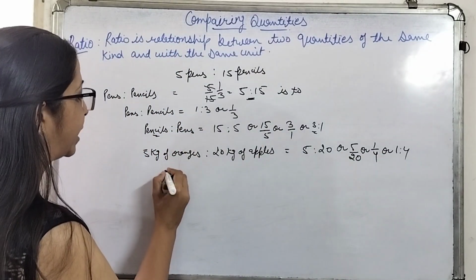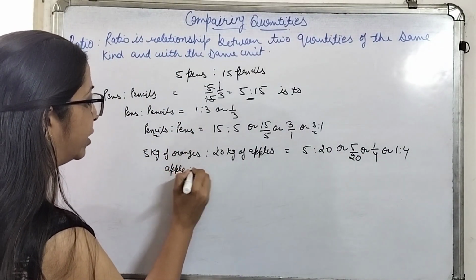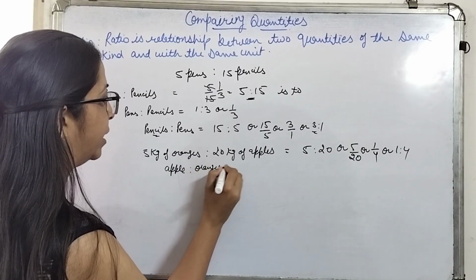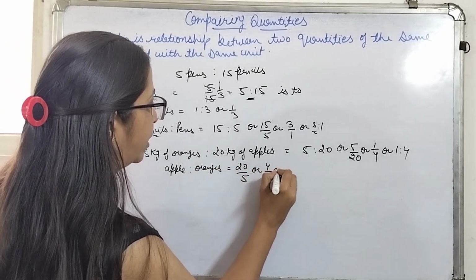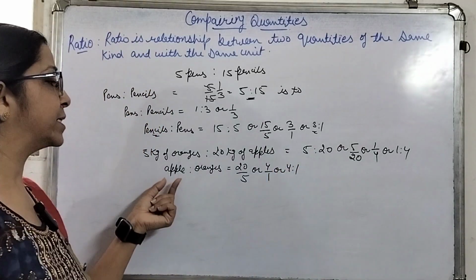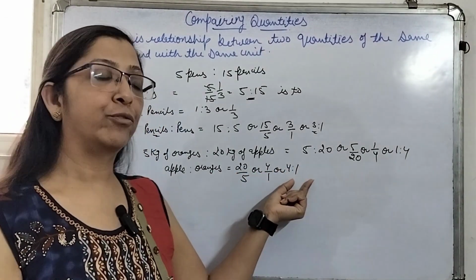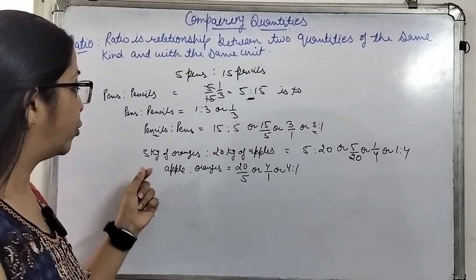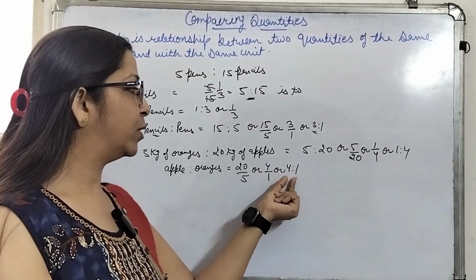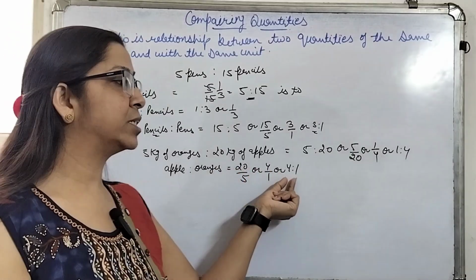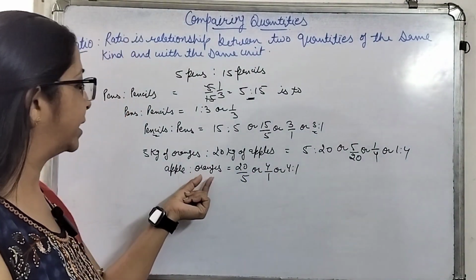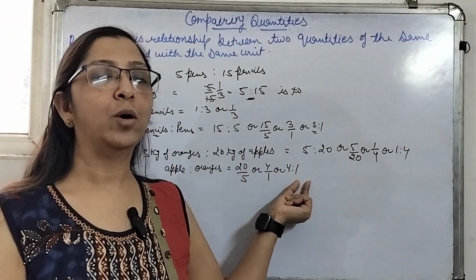Or if we take apples first and then oranges, it will be 20:5, or we can say 4:1. That simply means apples are 4 times your oranges. So whatever is coming first, the number will be accordingly. First is apples over here, so the first number refers to apples. Second is oranges, so 1 refers to oranges.